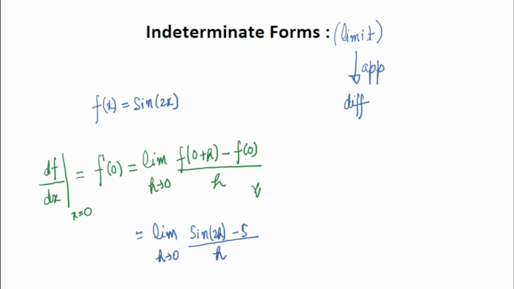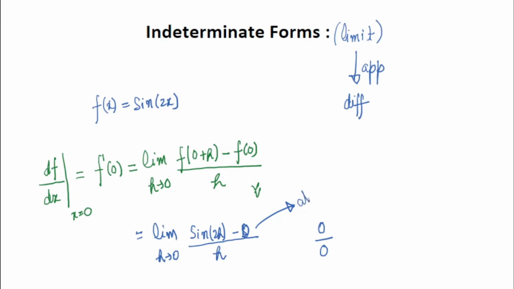This is 0, so if we solve this, we will get the 0 by 0 form.